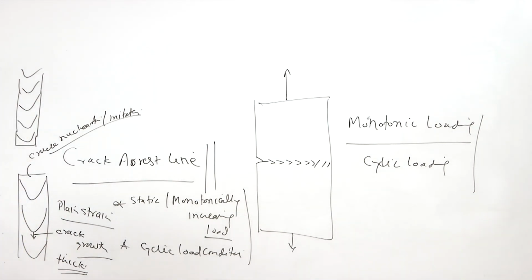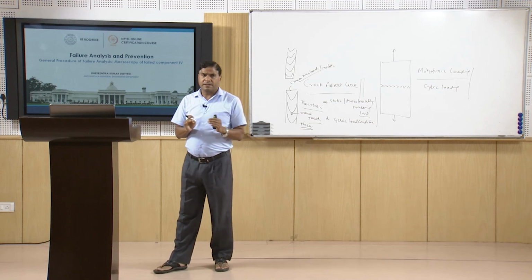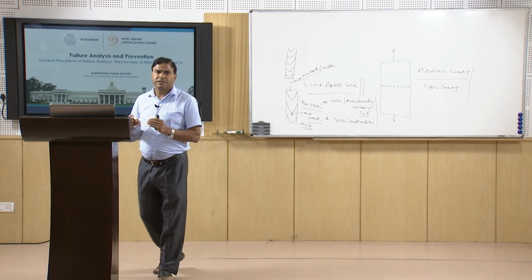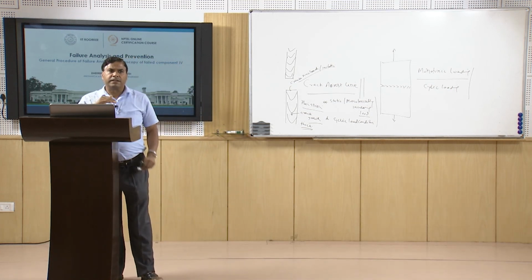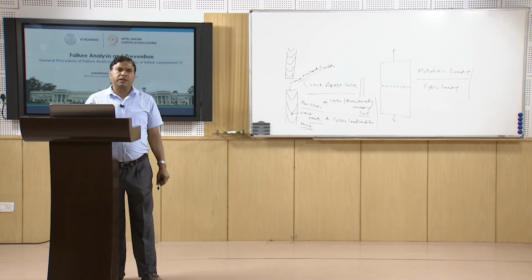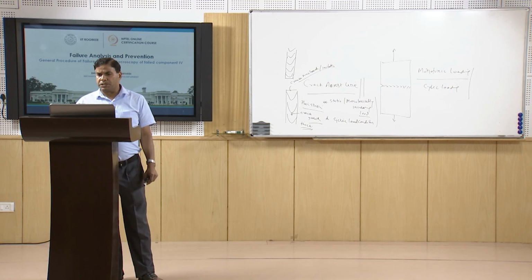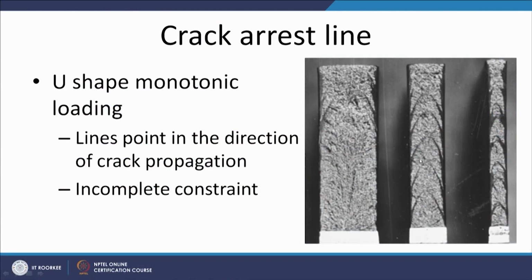So, there are two points as far as crack arrest lines under monotonic loading are concerned: we get the U shape feature, and the lines pointing in the direction of crack propagation. Here these inverted U shape lines indicate the direction in which the crack has grown.